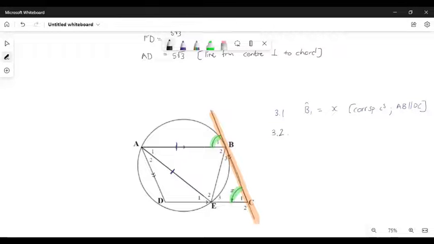Why A1? You are going to use the tan chord theorem, but not to A1. D is not on the circle circumference, so no. Ek sal dit gou vir julle wys. Remember, this is the base of the triangle, which is the chord, and then this forms the angle on the circle circumference, so this must be equal.